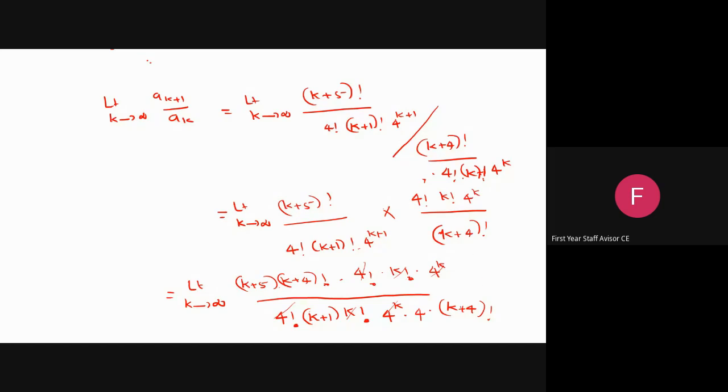So (k plus 4) factorial and (k plus 4) factorial cancel.